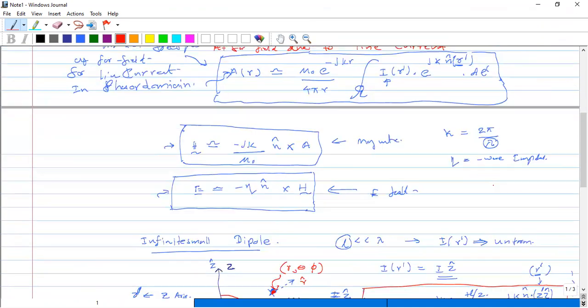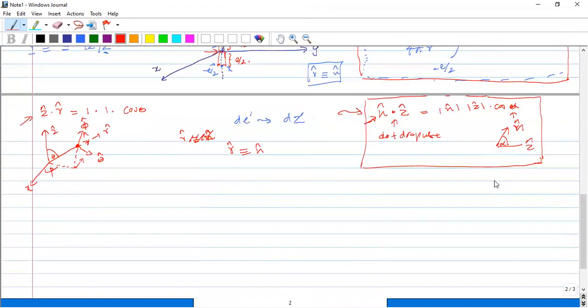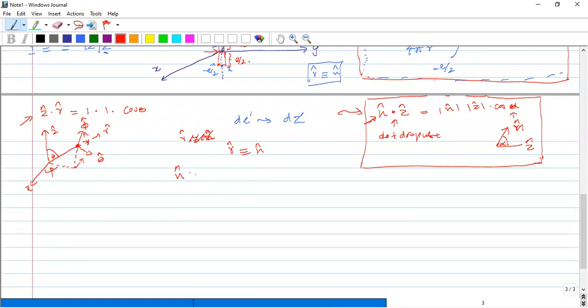So r hat is completely equal to n hat, so n hat dot z hat is nothing but r hat dot z hat. What is that? That is equal to cos theta. This is the answer.